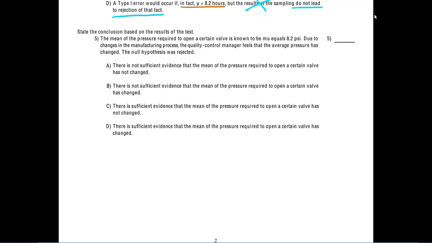First thing I'm going to write are my null hypothesis and my alternative hypothesis. The mean is known to be mu equals 8.2, which means now I have to figure out what my alternative is. Mu isn't going to change, and 8.2 is not going to change.